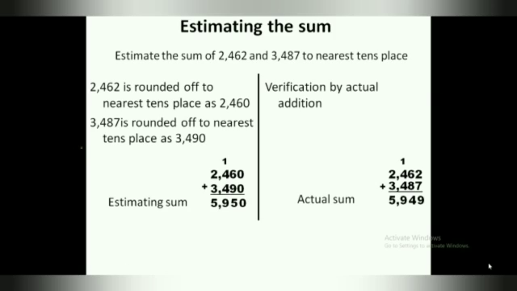So this is the actual sum, and the estimated answer is 5950. Actual sum is 5949. So now the estimated sum is nearly equal to the actual sum. The only difference you will find is 1.